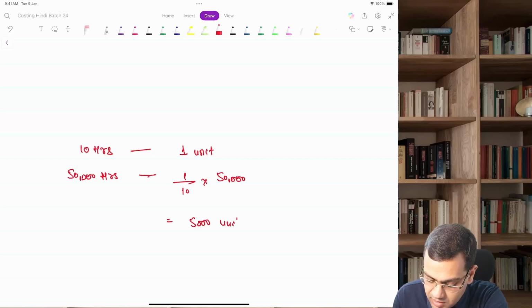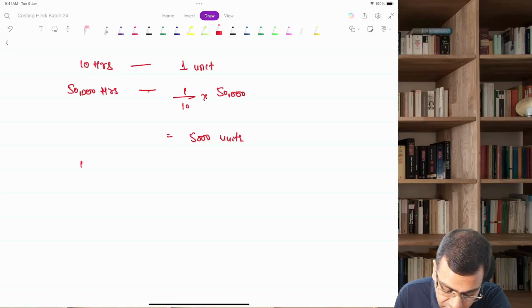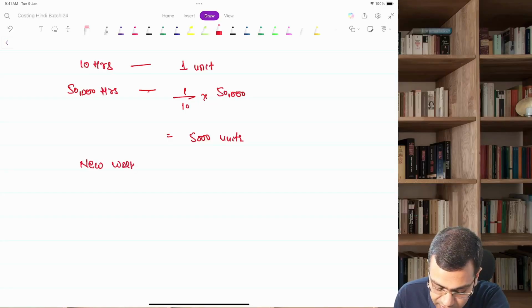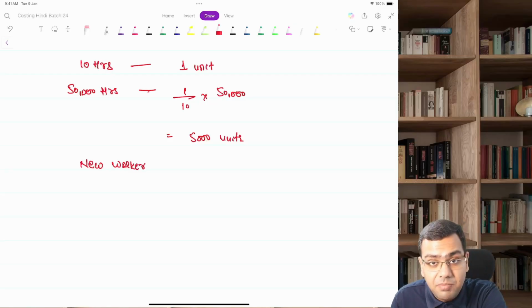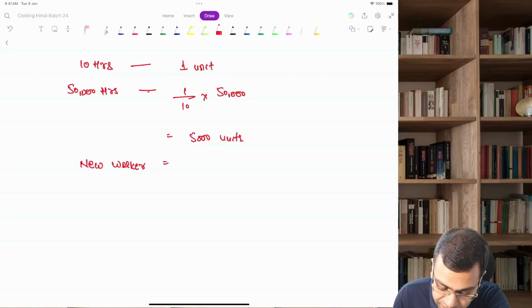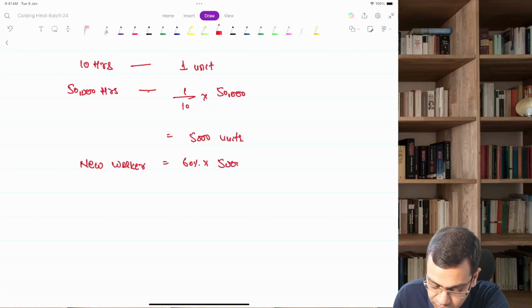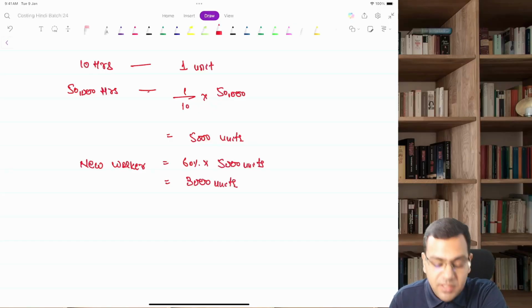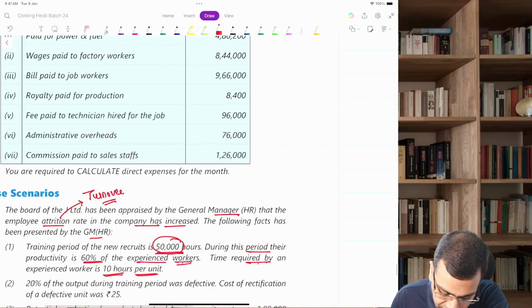Yes, this is about the experienced worker. Now, what about the new worker? How many units will the new worker be making here? He says the new worker will have, during this training period, an efficiency of 60%. That is 60% of 5,000 units. So this new worker will be making only 3,000 units. Right? Clear with this? So this is the interpretation till now.